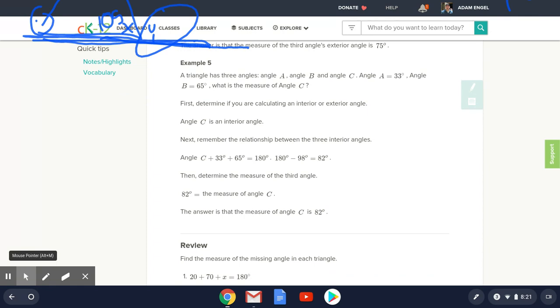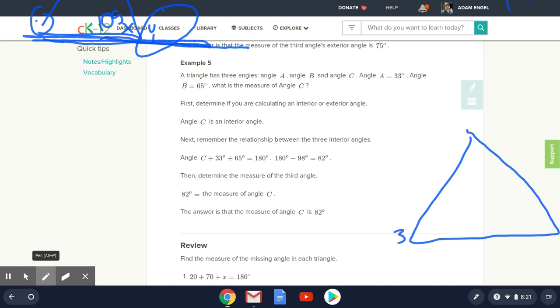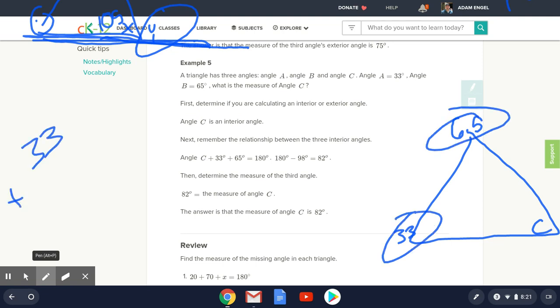So a triangle has three angles. So let's draw out our triangle. Triangle ABC. Angle A equals 33 degrees. Angle B equals 65 degrees. What is the measure of angle C? Okay, we're trying to figure out the angle of a triangle, so that's an interior angle. So we need to add 33 and 65. 33 plus 65 equals 98 degrees.